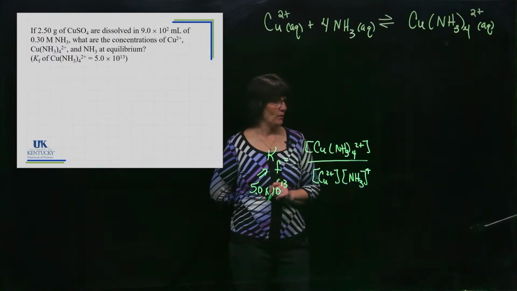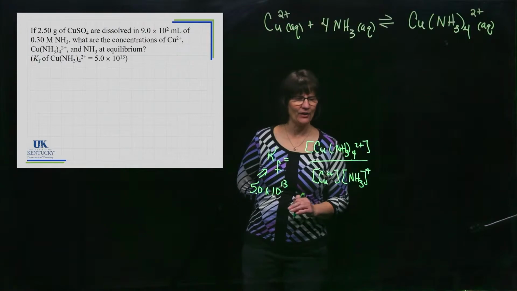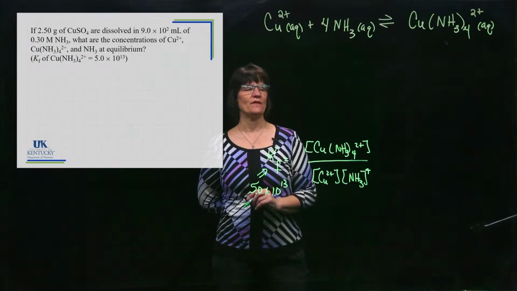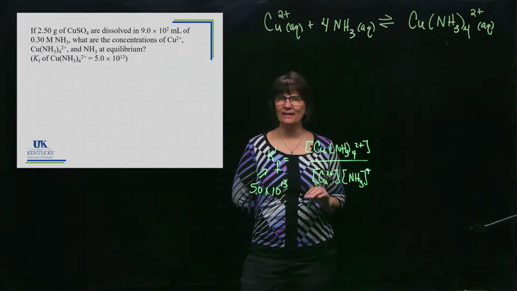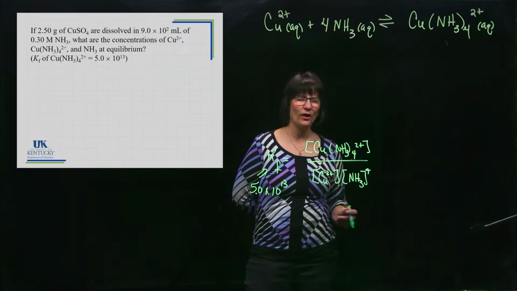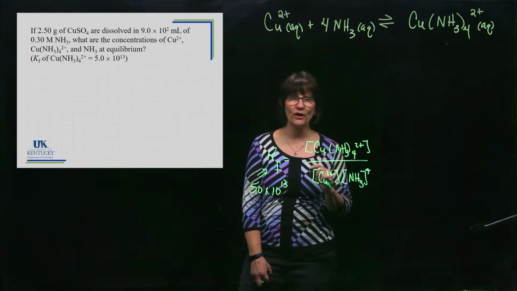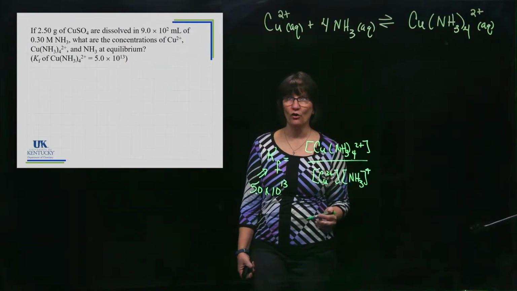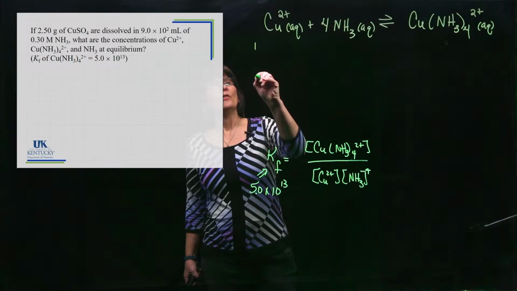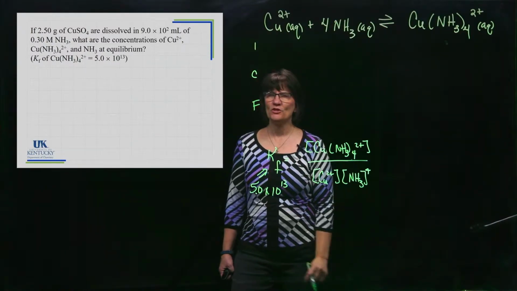Okay, now, what is the thing that I have to do that's different to handle calculations of this kind? I could do an ICE table, and I could do -x, plus 4x, and raise 4x to the 4th power. I'm going to tell you that's going to make it very complicated to solve. But there is an assumption that we can make. You see what I put there?